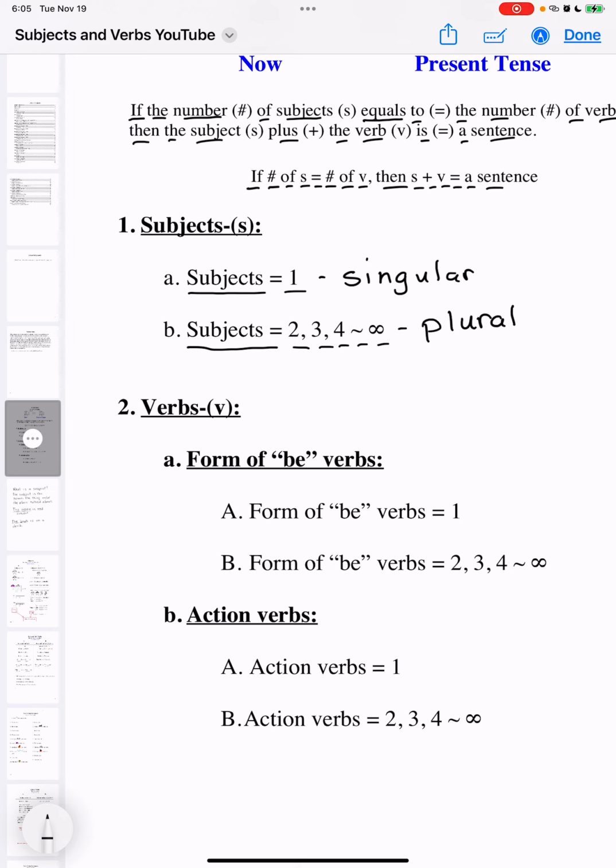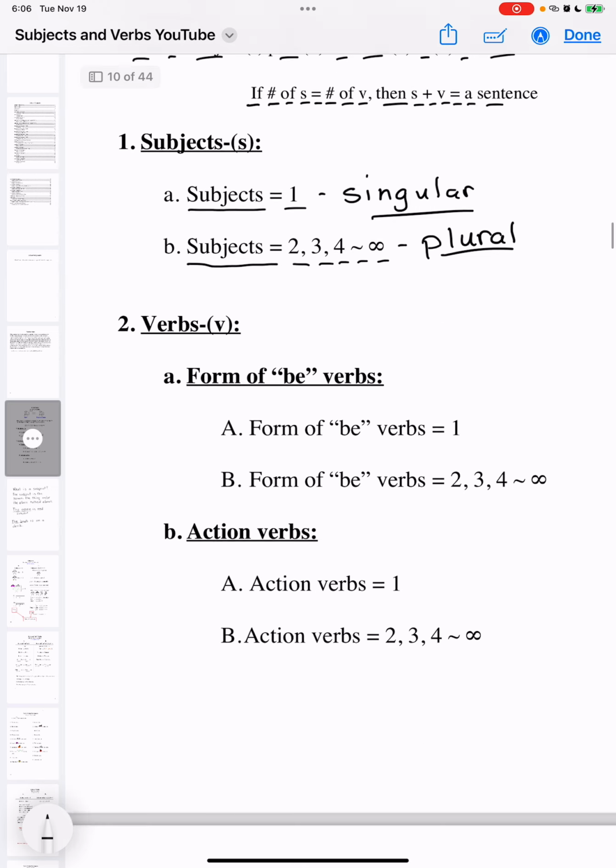The reason I don't use singular and plural is because I teach young children, and it's easier to just use 1 as the equivalent of singular, and 2, 3, 4 to infinity as the equivalent of plural. As they start to comprehend, then I switch it to singular and plural.